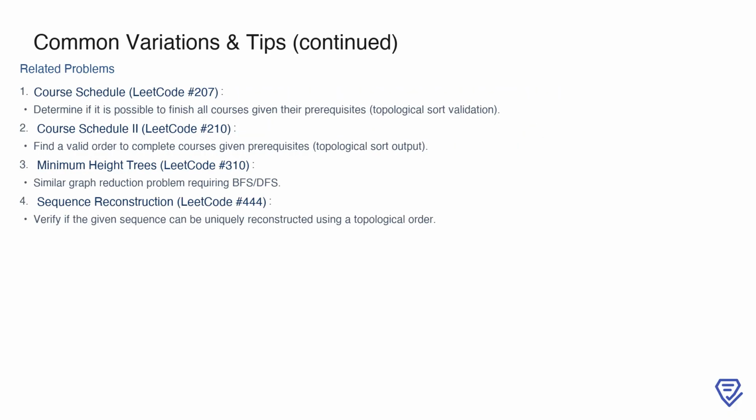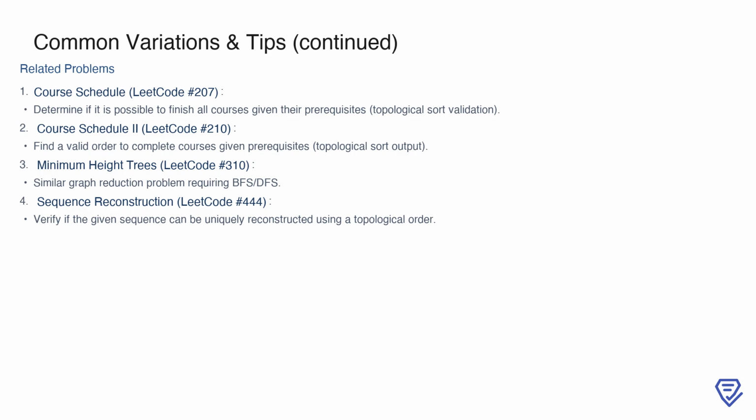This problem is closely related to several other graph-based challenges that are worth reviewing. For instance, in the course schedule problem, LeetCode number 207, the goal is to determine if it's possible to complete all courses given their prerequisites, which essentially involves validating a topological sort. Similarly, course schedule 2, LeetCode number 210, asks you to find a valid order to complete courses, which requires outputting a topological sort.